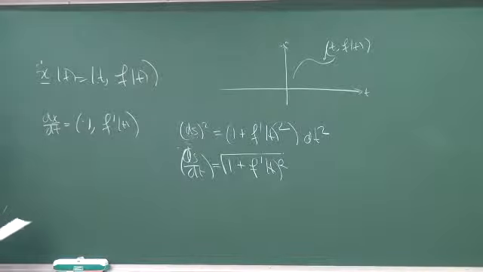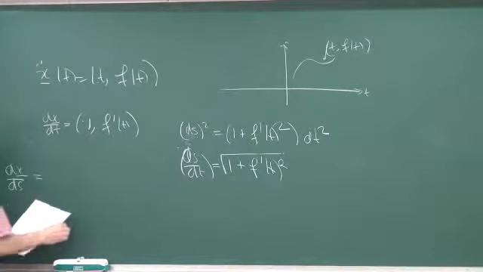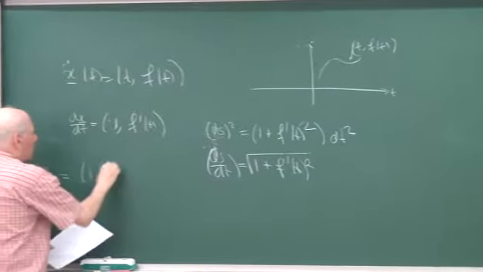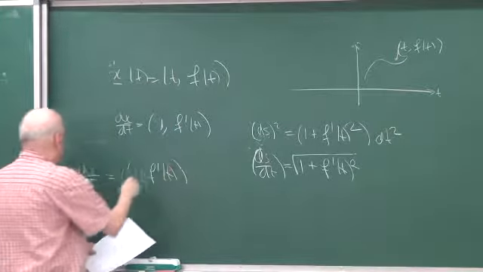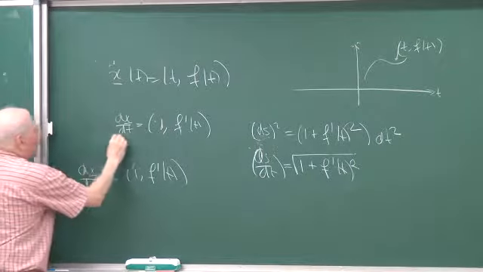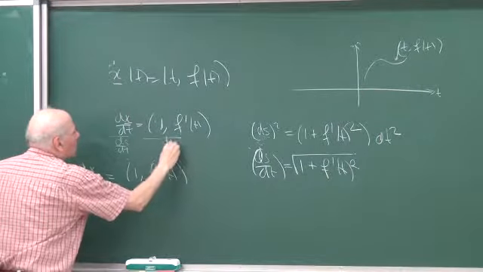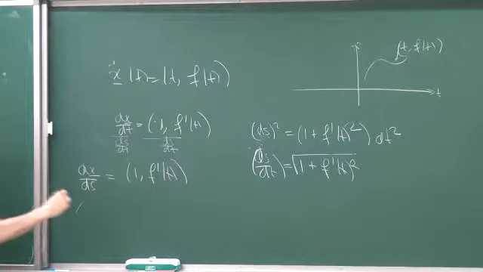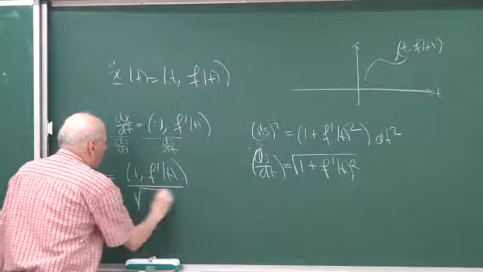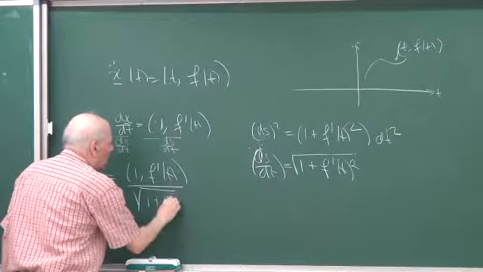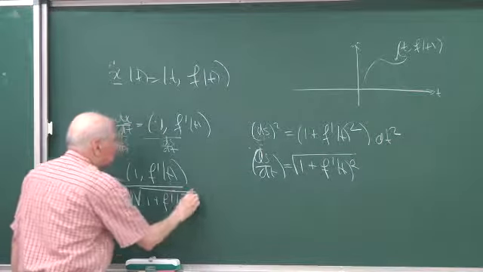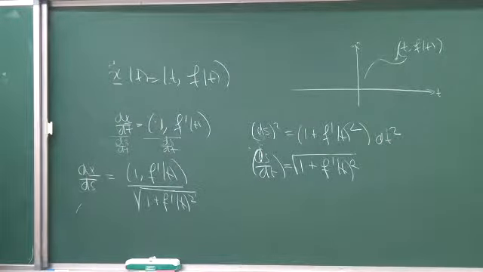So let's compute dx/ds. The first derivative is the vector 1, f prime of t, since it's dx/dt, and then I have to divide through by the scalar ds/dt, which I just computed, the square root of 1 plus f prime of t squared. So now I know dx/ds in the simple example.